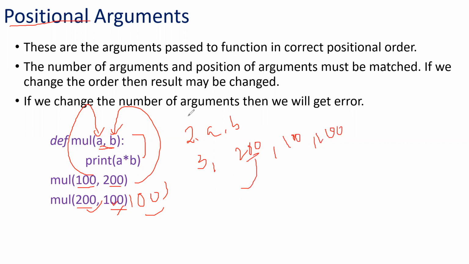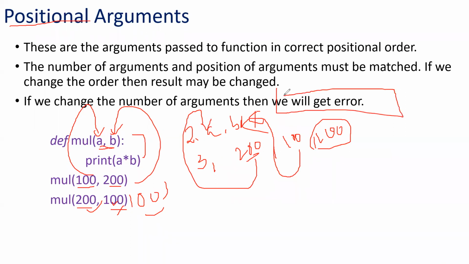This is the first position, and this is the second position. There is a third value also, but there is no third parameter like C. So what happens there? Simply we will get an error if we change the number of arguments.